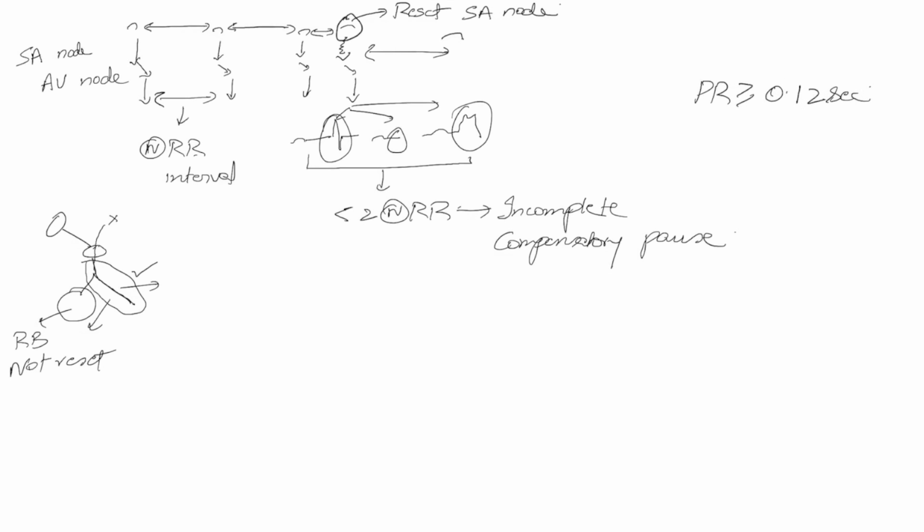Now, another thing that might happen is that you could have a P wave conducted through the AV node, a QRS, a P wave conducted through the AV node, a QRS, and then something near the AV node kind of gives off an impulse. So the impulse is starting near the AV node, and then it gets conducted through the AV node into the ventricle, and sometimes it could go back as well.